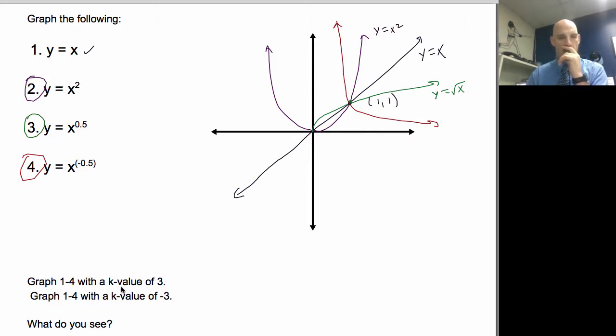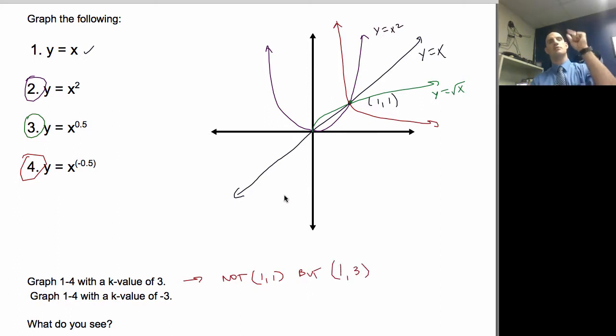And if I graphed one of them with a k value of 3, the intersection point would not be 1, 1, but 1, 3, because it would take all of my values of y, spit them out, but then multiply them by 3. That's that vertical stretch of 3.